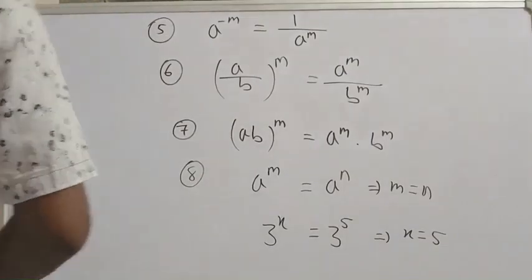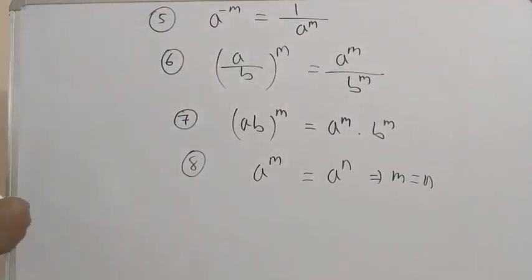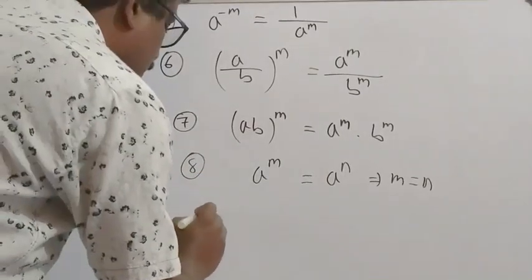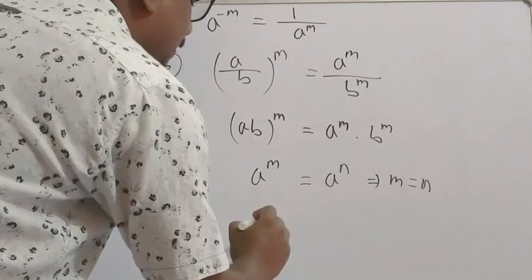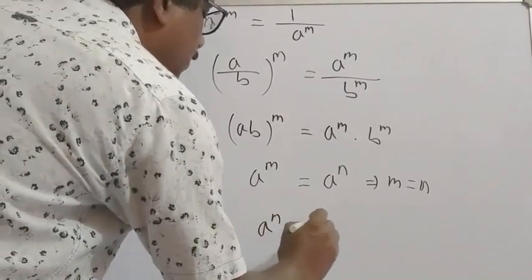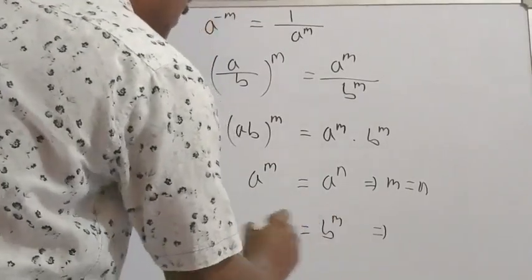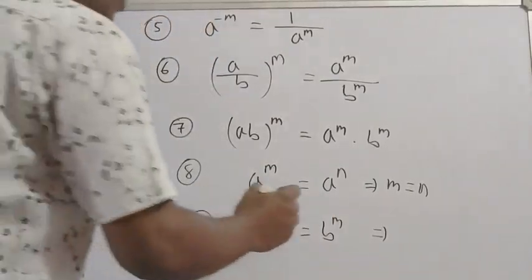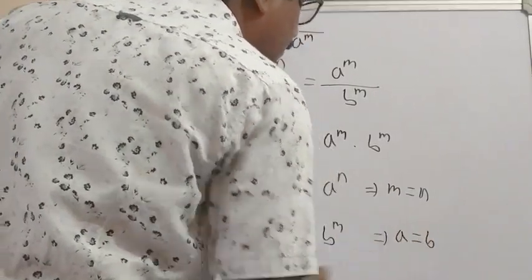Now the ninth formula. Suppose here your power is the same, the base is different. A to the power m is equal to b to the power m. Here the power is the same, but the base is different. So if the power is the same, then the base is equal, a is equal to b.